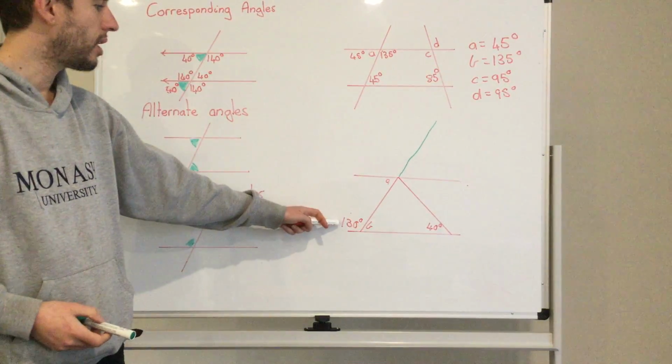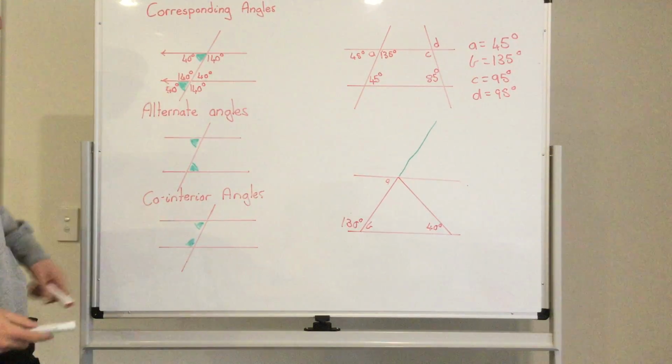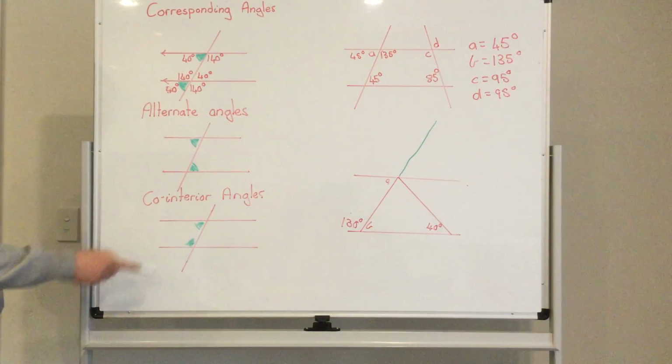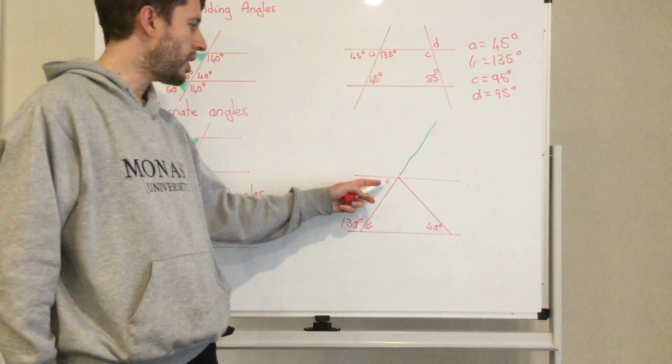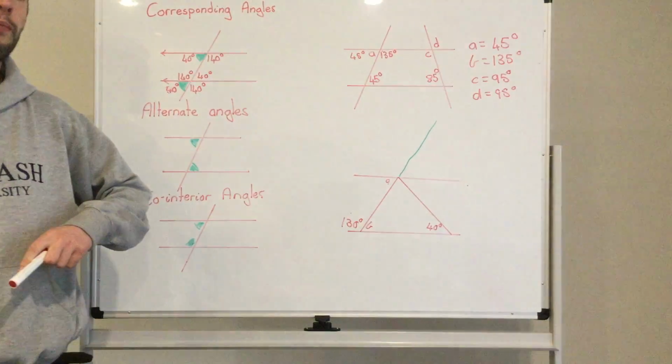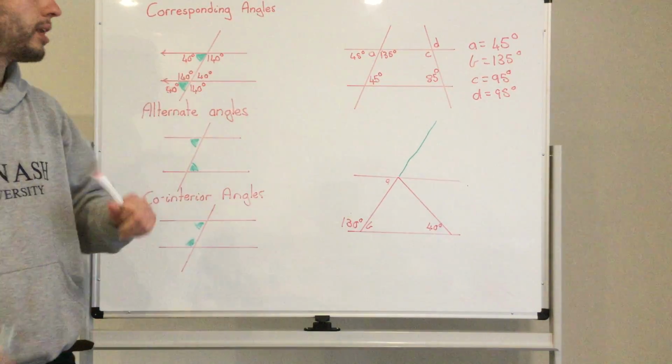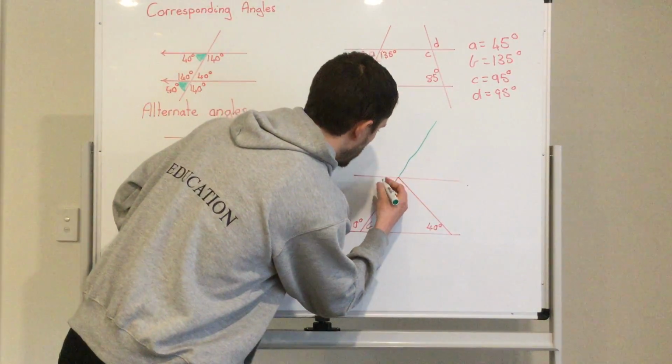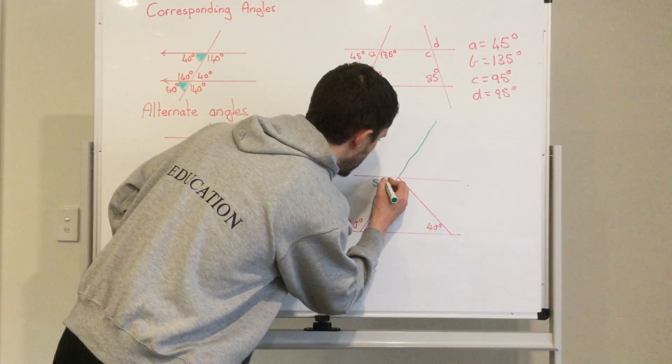That means if this is 130 degrees, we're looking at cointerior angles. So these two must add up to 180. So if this is 130, 180 minus 130 equals 50 degrees.